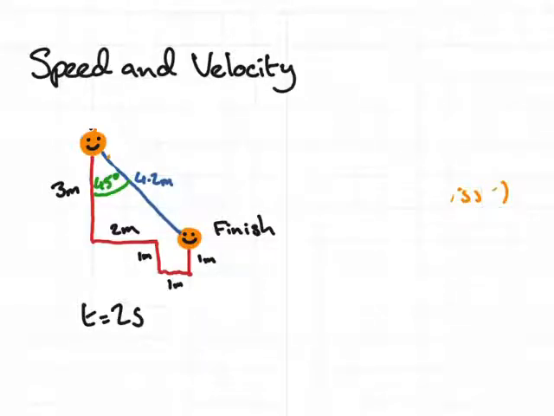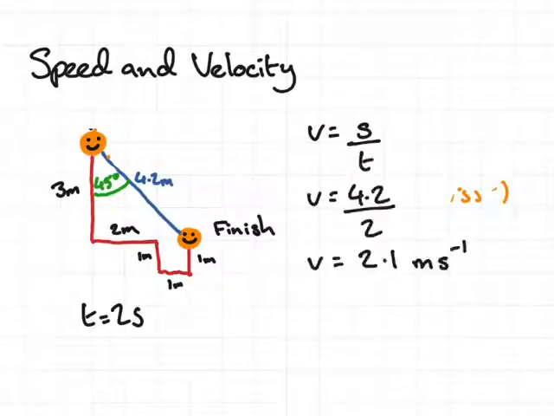If we do the calculation for velocity, however, we get a different answer. This time we're substituting in the displacement of 4.2, dividing it by the same time, 2 seconds, and getting 2.1 meters per second. Because displacement is the shortest distance between 2 points, your velocity will always be a lot smaller than your speed.